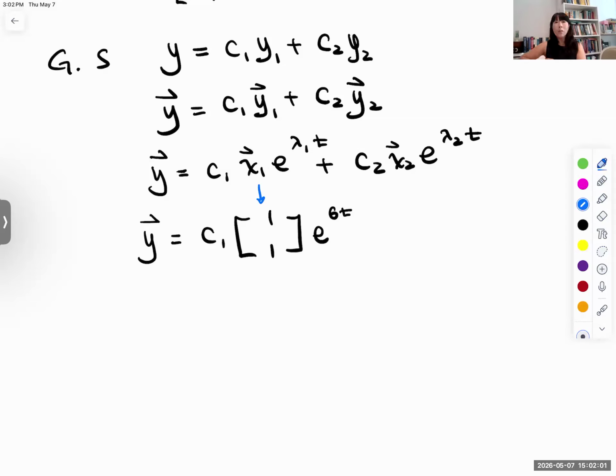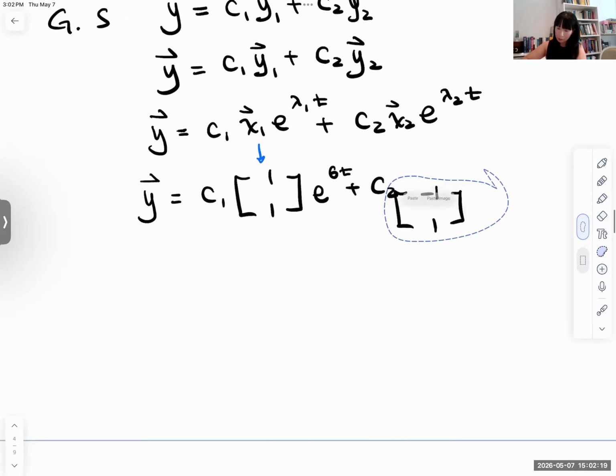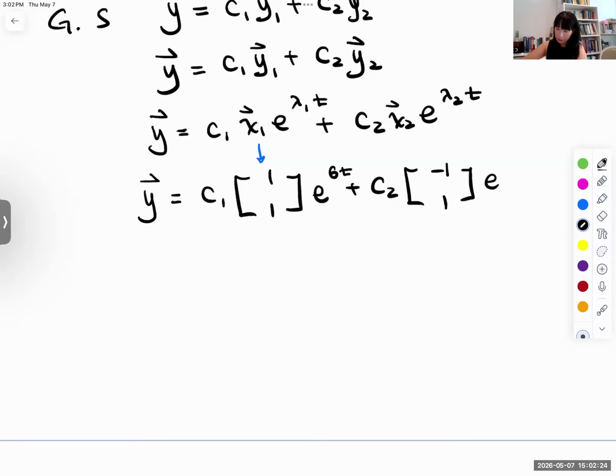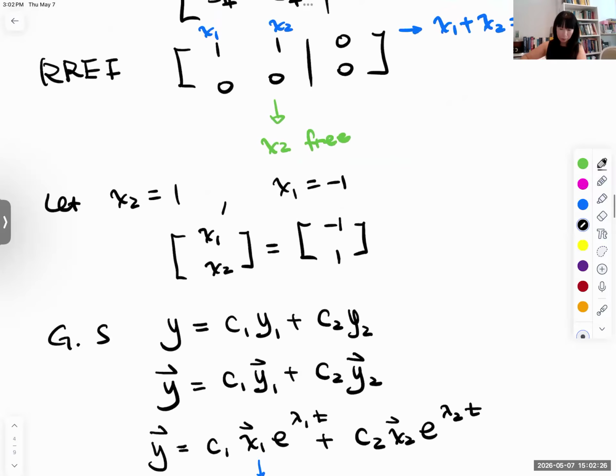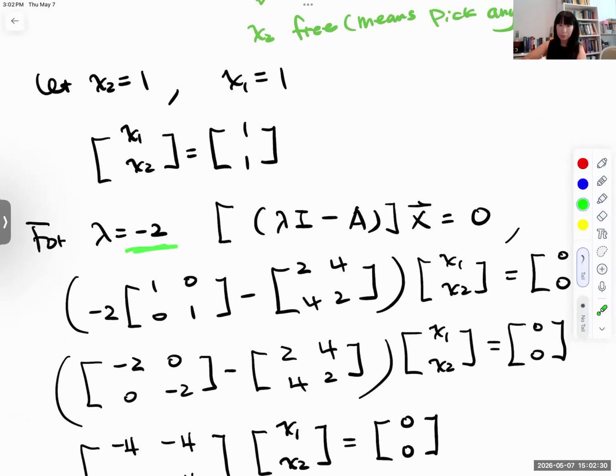Okay, now the second one, right? So the second one, c sub 2 vector x sub 2. So there will be this one, right? Copy that. When the eigenvalue is, I don't remember, 2? Yeah, -2.